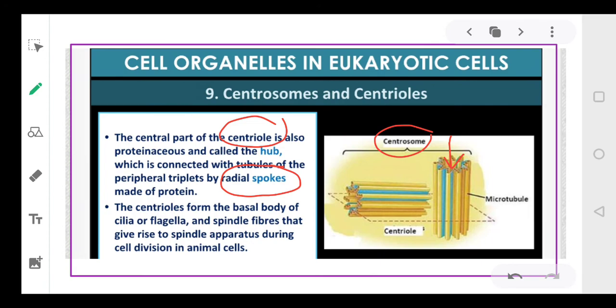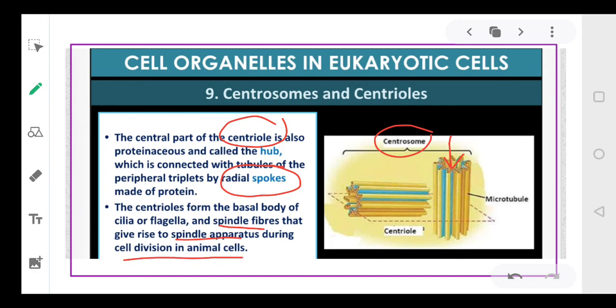Okay, now from the centriole, the spindle fibers will arise. जो हमारे centrioles हैं उसके अंदर से spindle fibers arise होंगे, and these spindle fibers give rise to the spindle apparatus which is formed during the cell division of the animal cells.